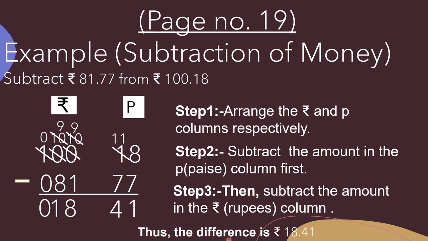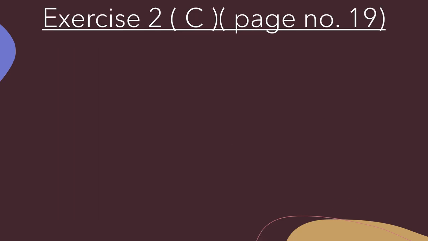The difference is 18.41 rupees. Beta, the answer of a subtraction sum is called a difference. So here we write the difference is rupees 18.41. Understood?